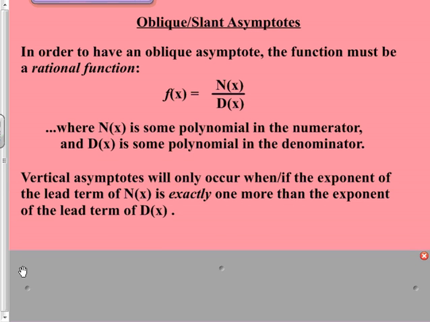And the condition will be this. Oblique asymptotes only occur when or if the exponent of the lead term of the numerator is exactly one more than the exponent of the lead term of the denominator. That's a very specific condition, but it also makes it one that is very easy to identify.